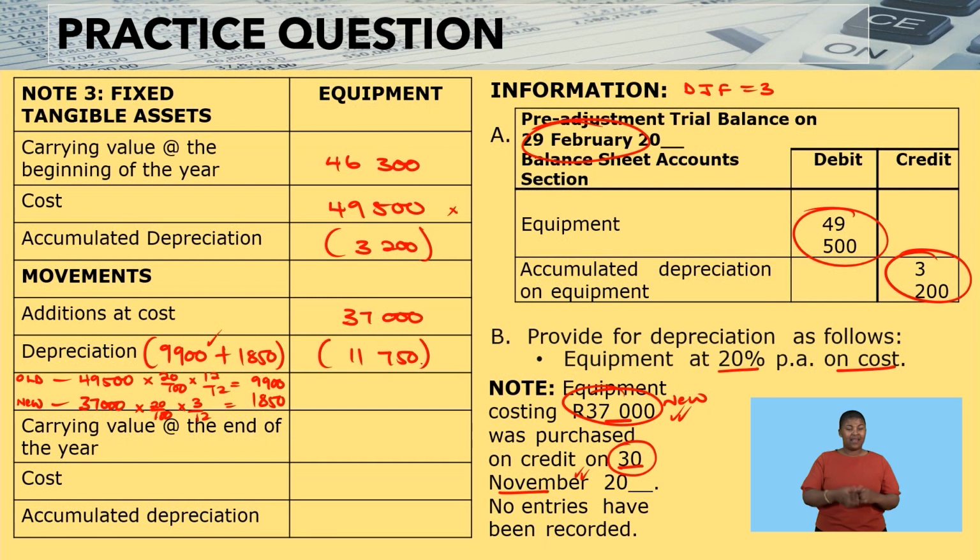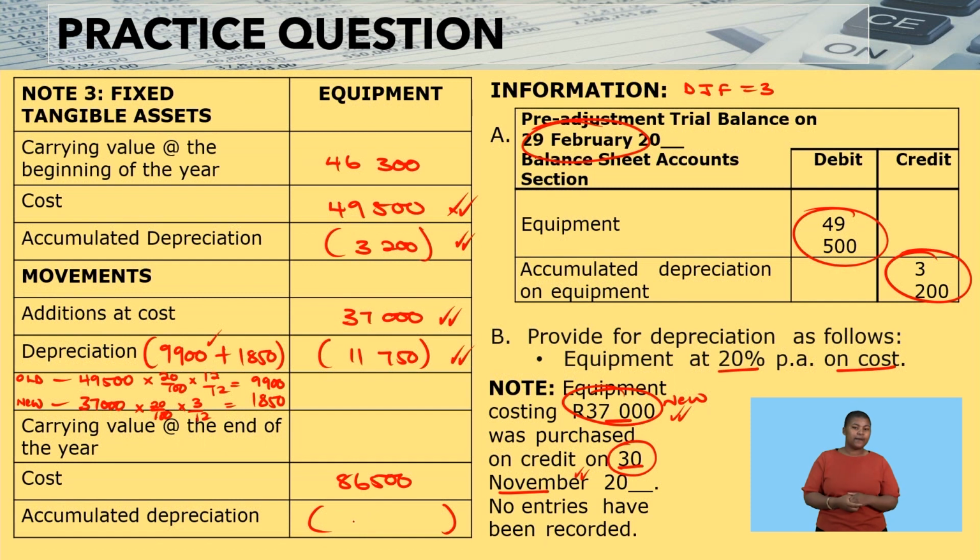The cost at the end becomes easy then because you have your 49,500 plus your additions, which is 37,000. So it gives you 86,500. Your accumulated depreciation, you say 3,200 plus 11,750.